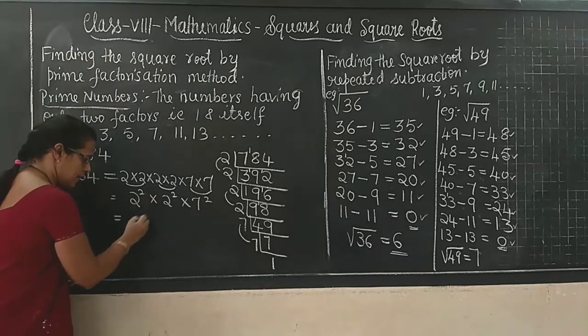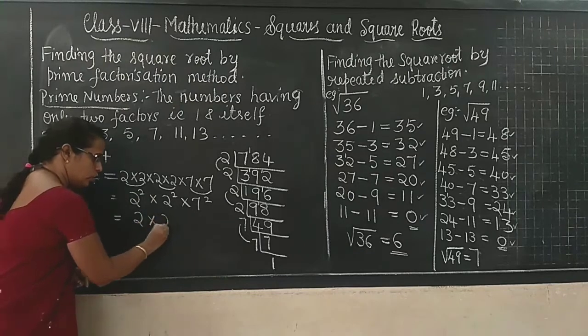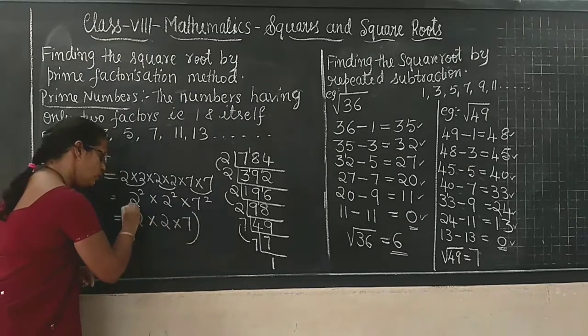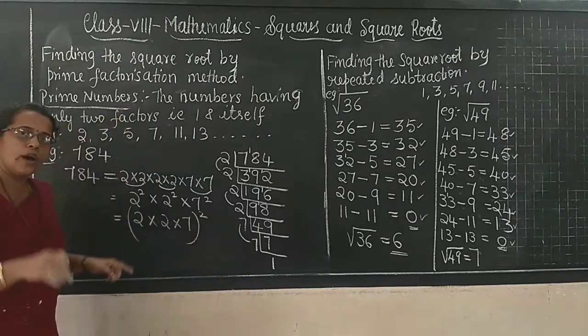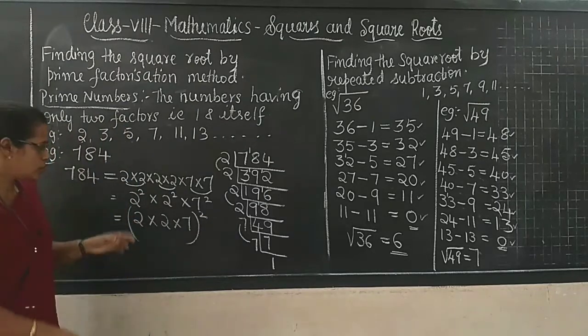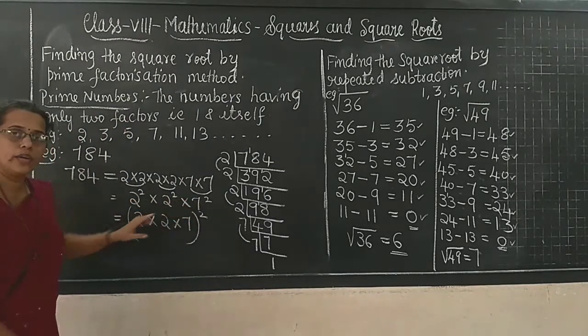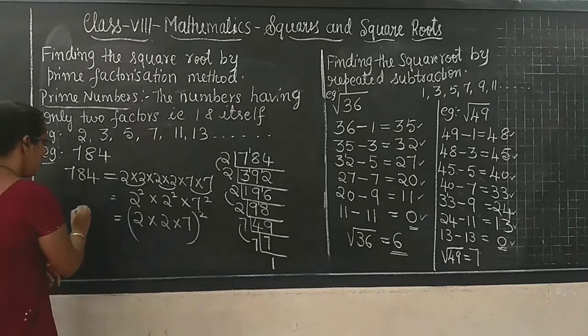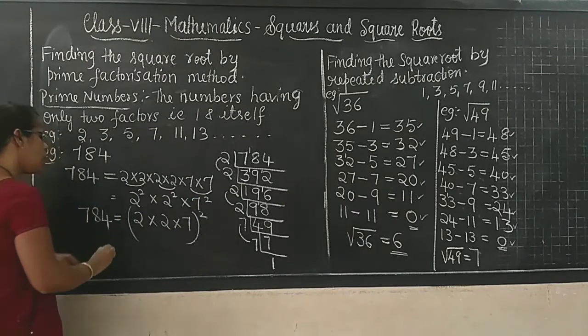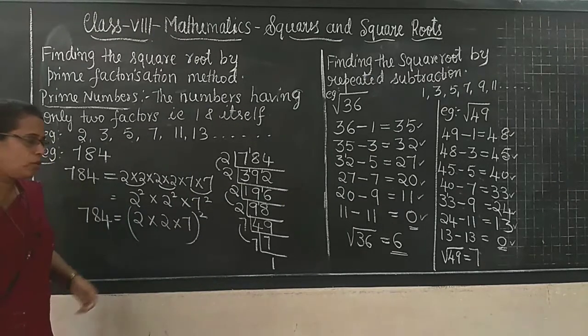So in the next step you can write 2 into 2 into 7 whole square. Can I write all in one square? Instead of writing each square, you can write it all at once. Now, how to find the square root of 784?